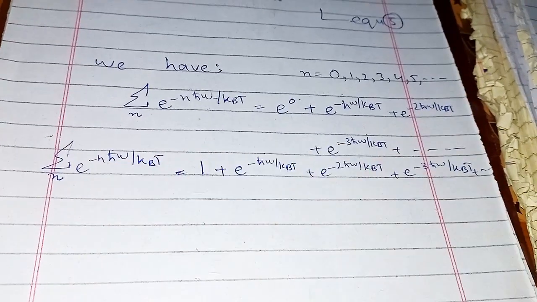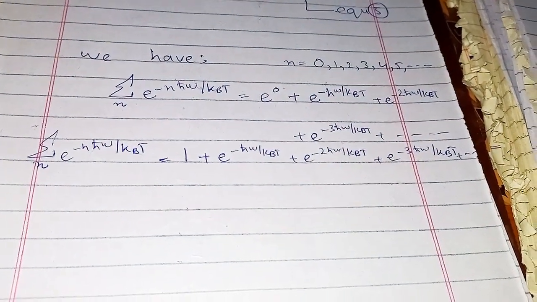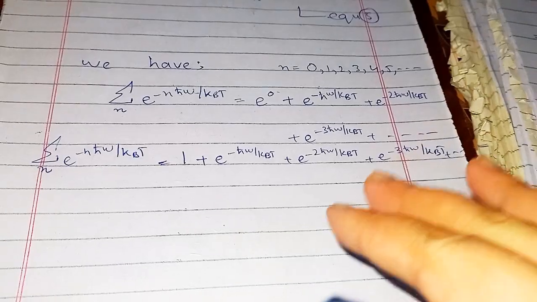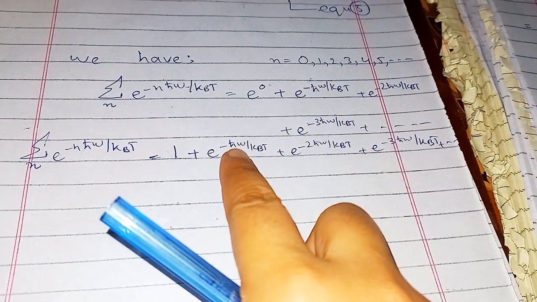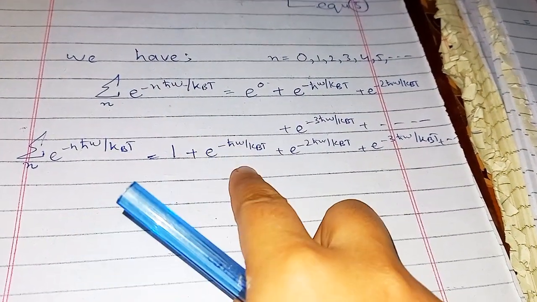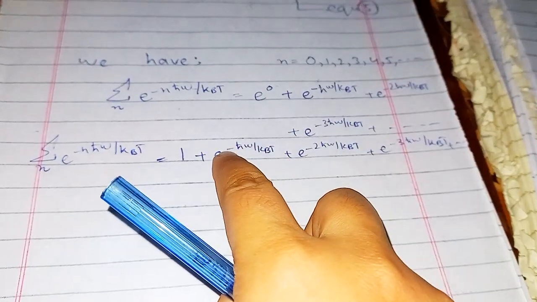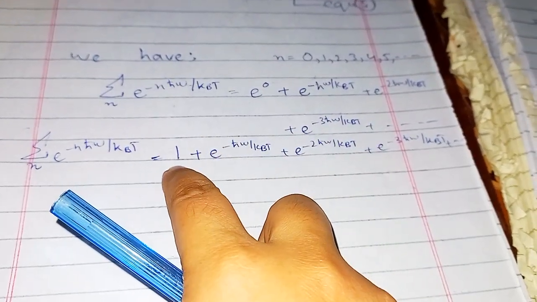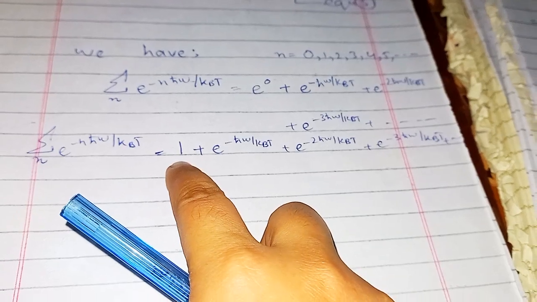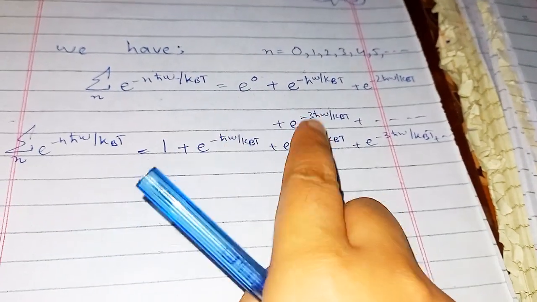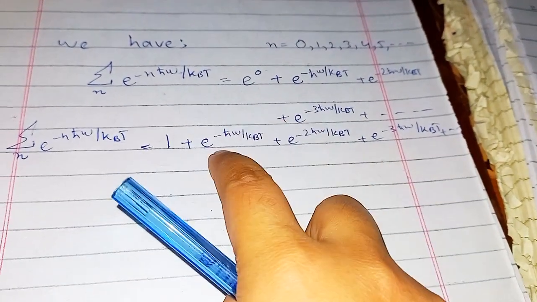A geometric series is the one in which the ratio between two consecutive terms in the series remains the same. It means if you divide the second term by the first term, the value you get will be equal to the value you get by dividing the third term by the second term.